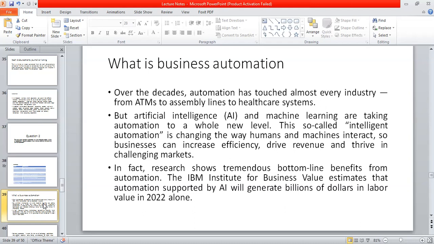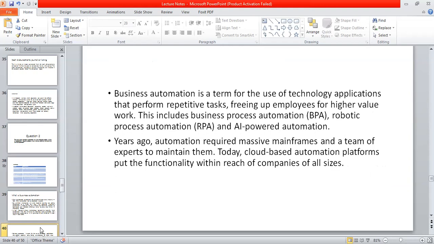The IBM Institute of Business Value estimates that automation supported by artificial intelligence will generate billions of dollars in labor value in 2002 alone. So this is automation.